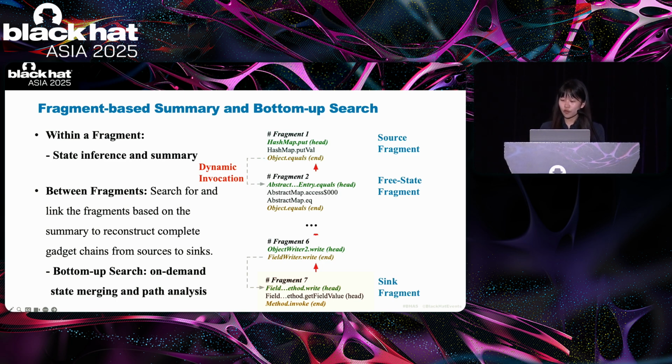Specifically, within the fragments, we mainly retain state information, and between the fragments, we retain path information. To prevent the state explosion, we break the complete gadget chain into smaller fragments using the dynamic method calls, and thus reduce the number of path nodes that need to be analyzed.